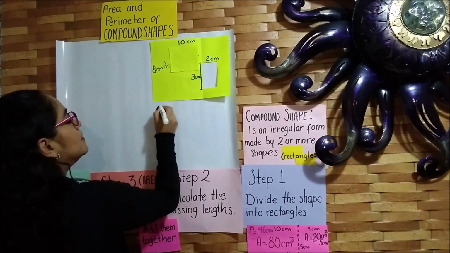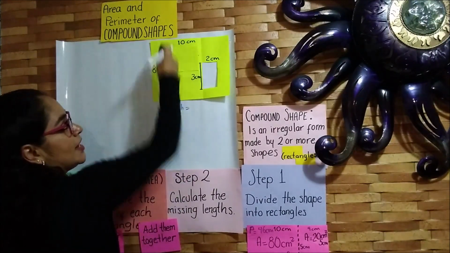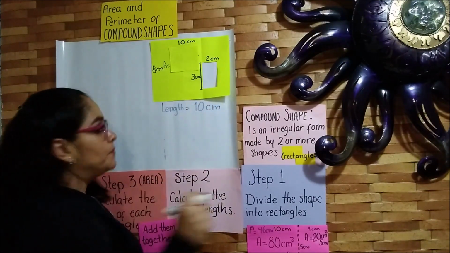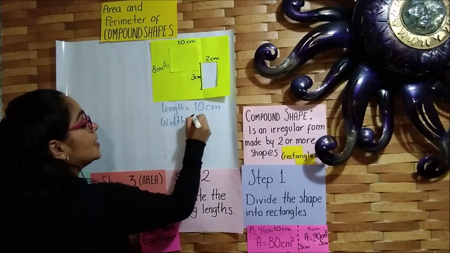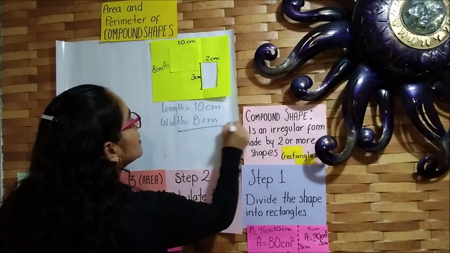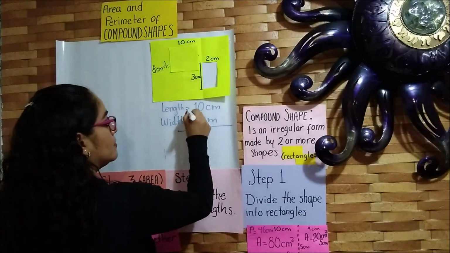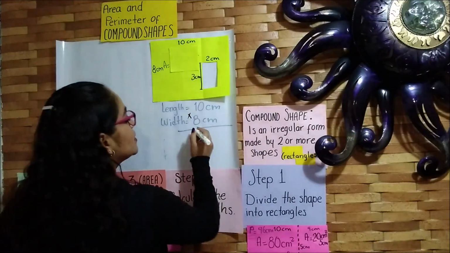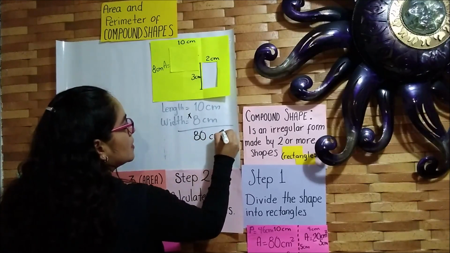We have length, that is 10 centimeters, in our shape 1. The width, that is 8 centimeters, and we're going to multiply. 8 times 10, or 10 times 8, is going to be 80 centimeters square.